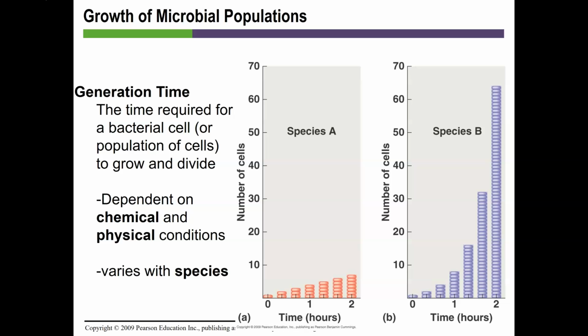In this specialized, highly complex medium, they would grow, but it took them 18 hours to divide. 18 hours for the population to double. So I had to wait a whole week after starting a culture in order to have enough cells to do anything. In sum, the generation time depends on the chemical and physical conditions that the organism is in, and even under ideal conditions, it will vary upon the species.